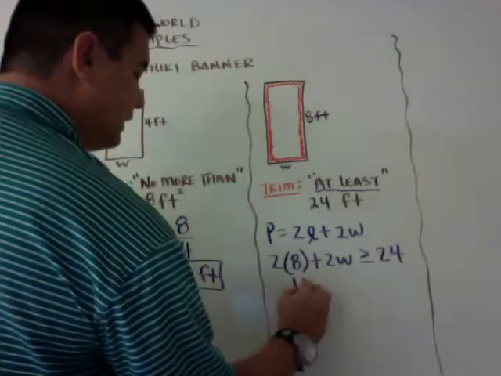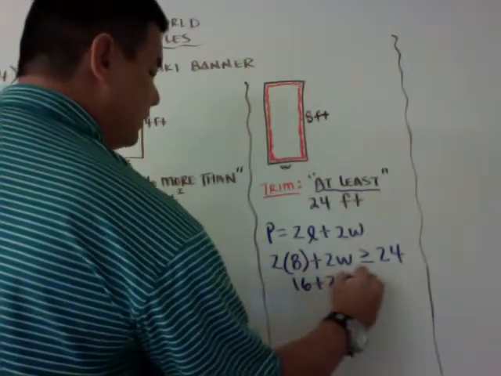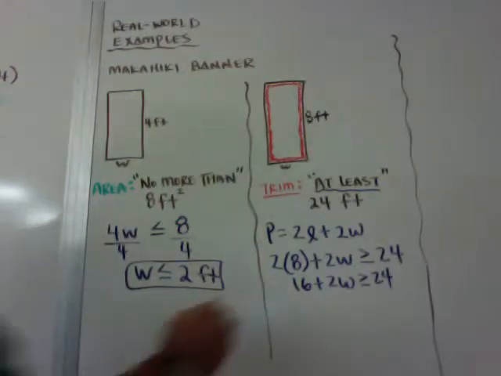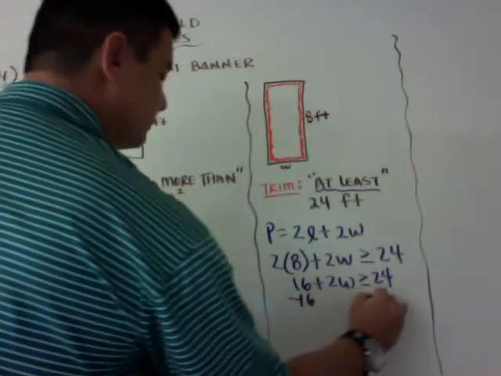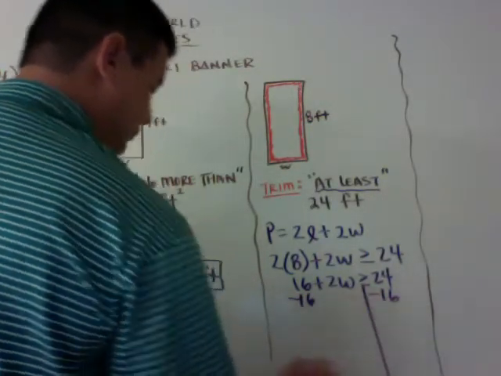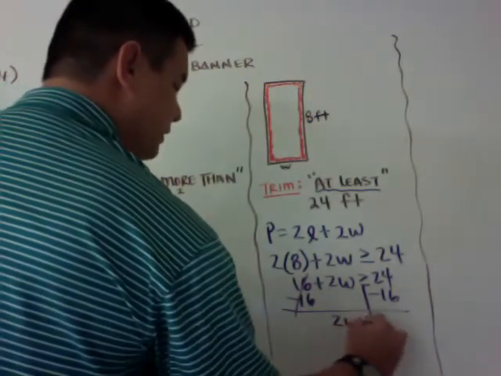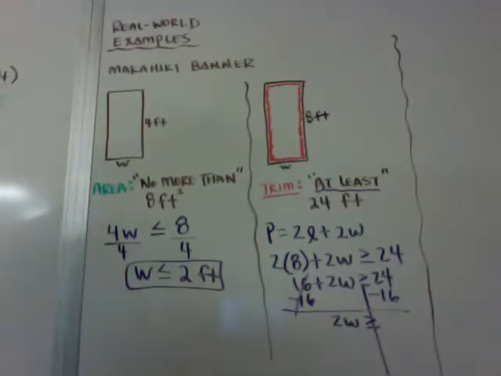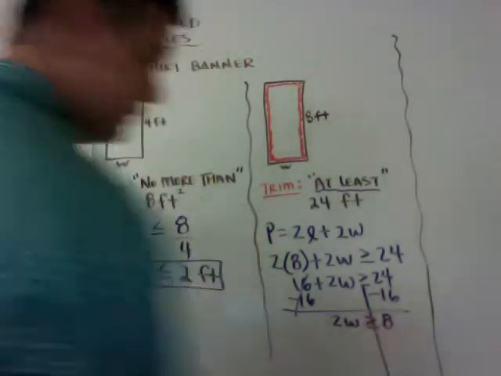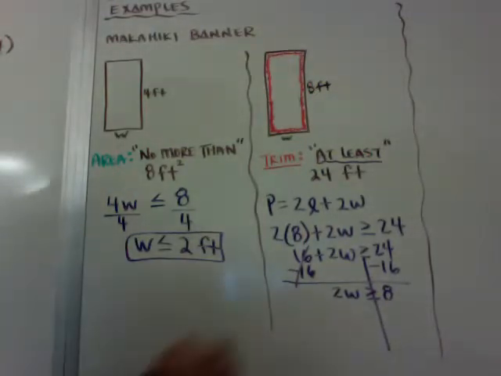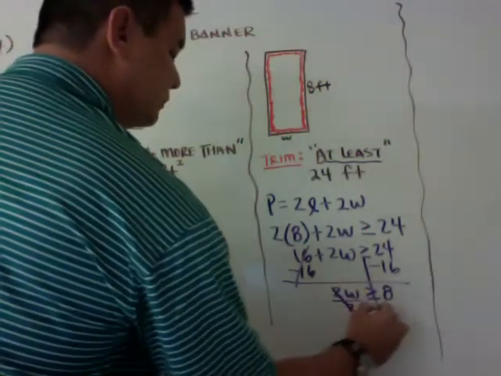Okay, now we can solve it. So we get 16 plus 2w is going to be greater than or equal to 24. We're going to minus 16 from both sides. And we're left with 2w is greater than or equal to 8. So I'm going to move this down so we can see more. Divide both sides by 2.